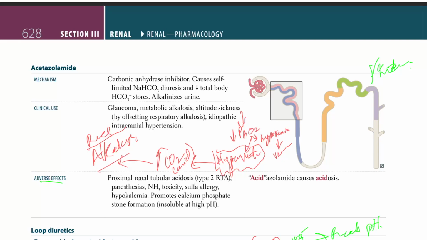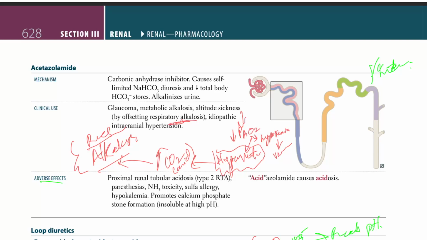That's why respiratory alkalosis. So that's what it says right here, respiratory alkalosis in altitude sickness. So we can give acetazolamide, which is going to be used in altitude sickness for the respiratory alkalosis.